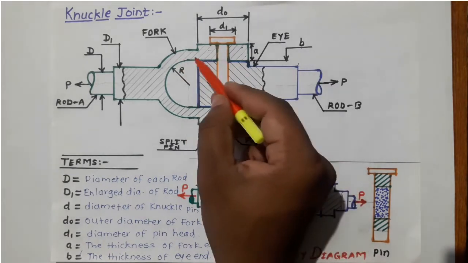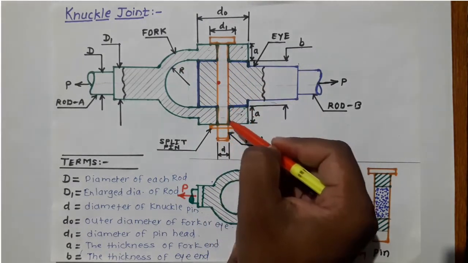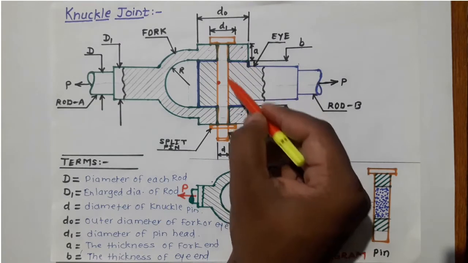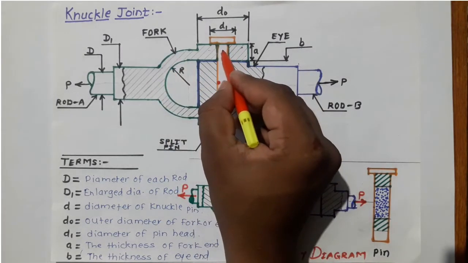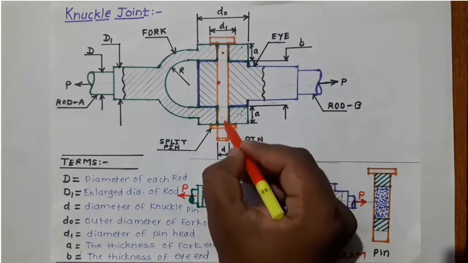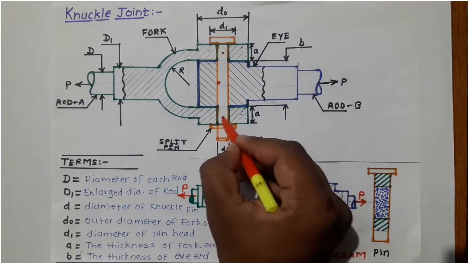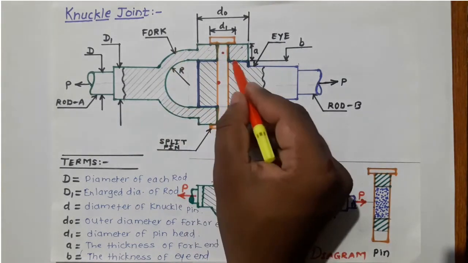So the force applied on the pin by the fork is at these 2 points. So at these 2 points of the pin, the force is applied by the fork on the pin.